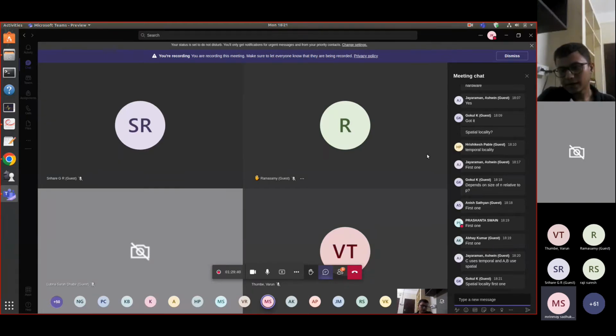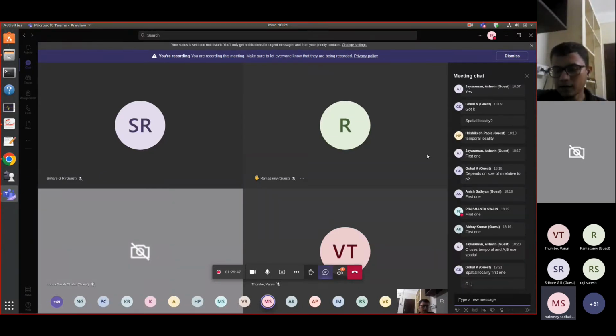Someone says it will be a bad idea to compare temporal and spatial locality, that C uses temporal, maybe uses spatial.